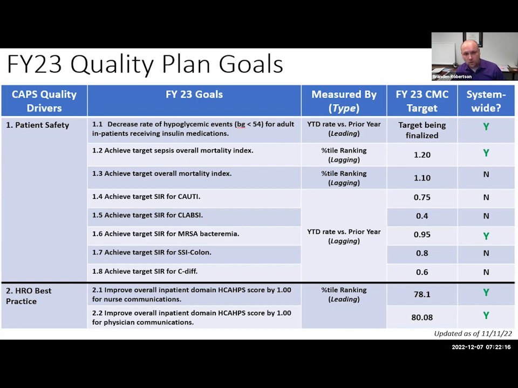So we are looking at our observed over expected mortality, and the metrics there, anything under 1 is considered less than predicted. Right now we're trying to get our target to 1.2 and 1.1. That is still more than predicted because we have so much opportunity there, and hopefully the following year we'll be able to drop that to 1 based on our performance.